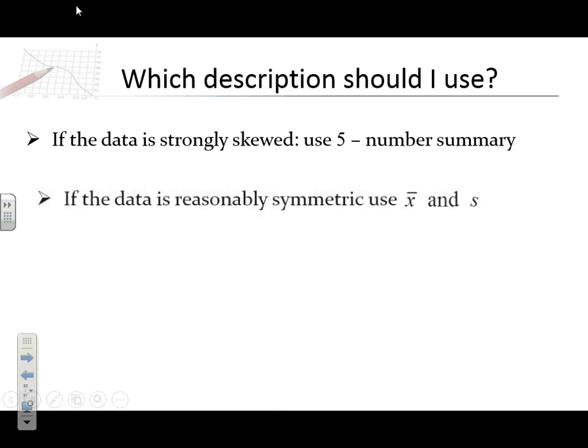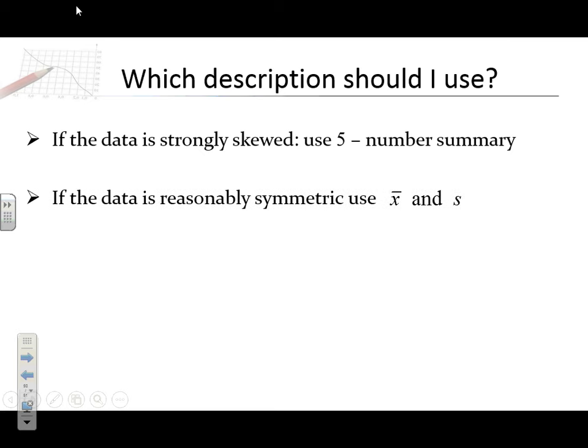If the data is symmetric, we want to use mean and standard deviation. Now notice the wording here. If the data is strongly skewed, use the 5-number summary. But if the data is reasonably symmetric, use mean and standard deviation.